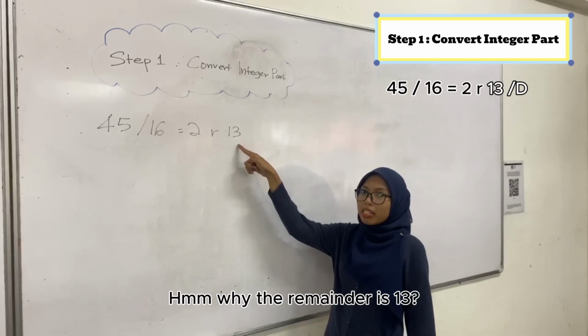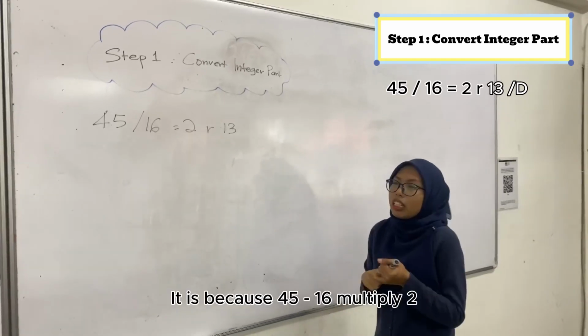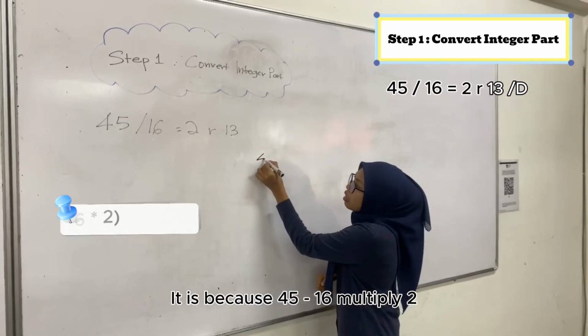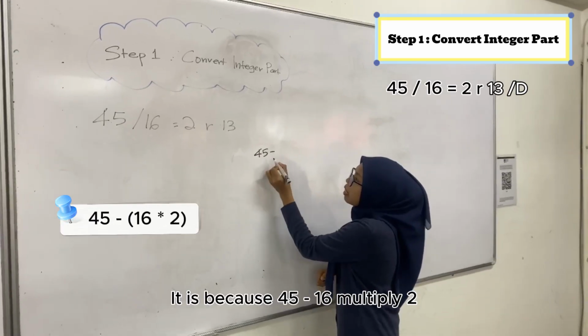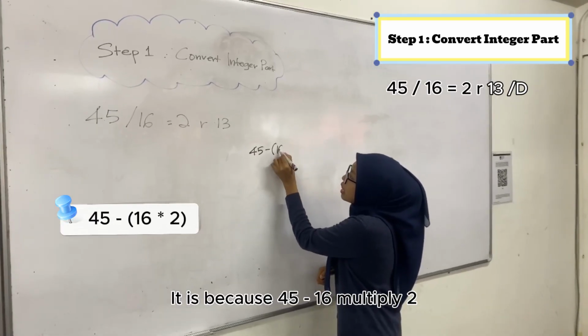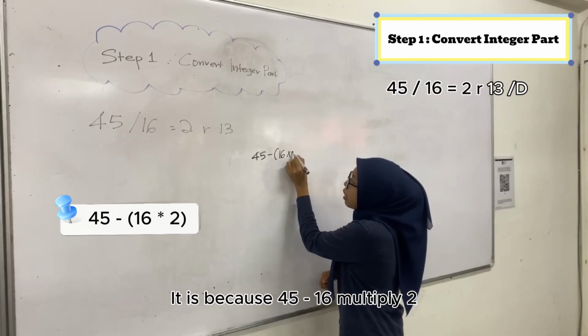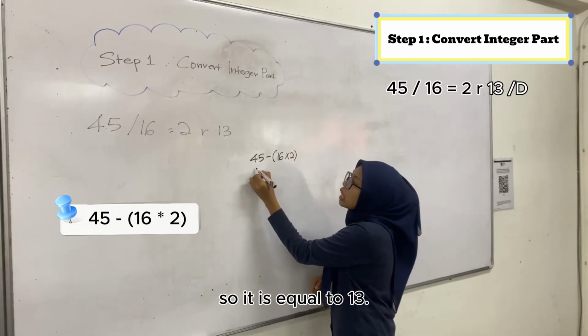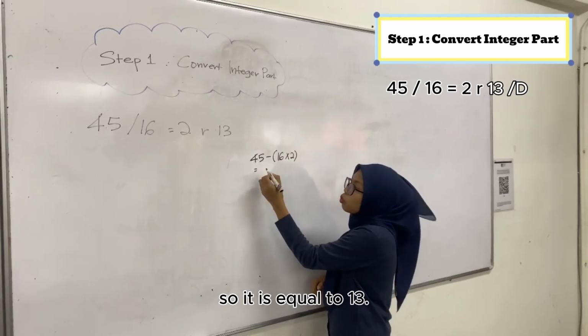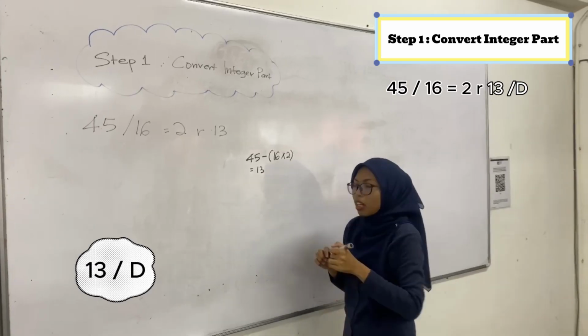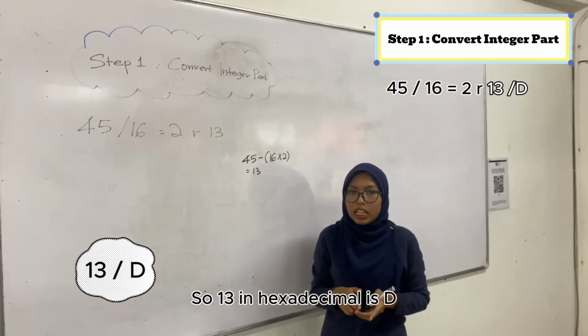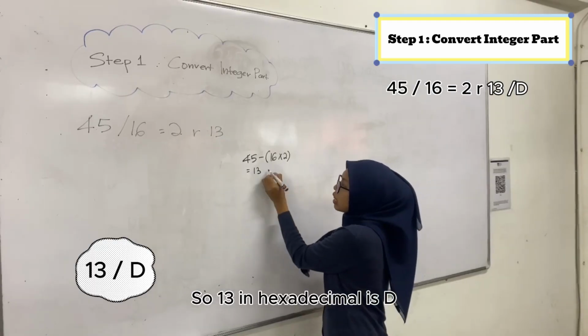Why is the remainder 13? It is because 45 minus 16 multiplied by 2 is equal to 13. So, 13 in hexadecimal is D.